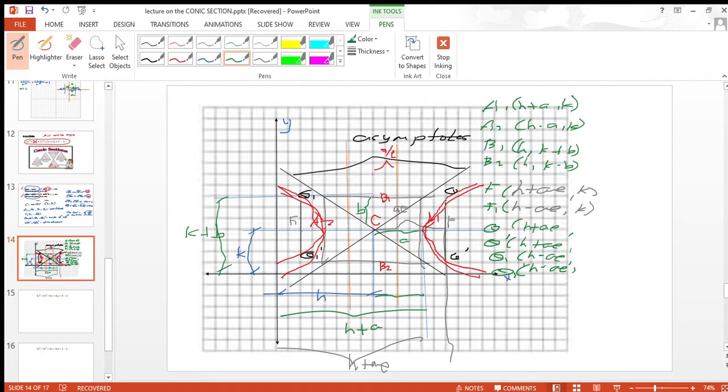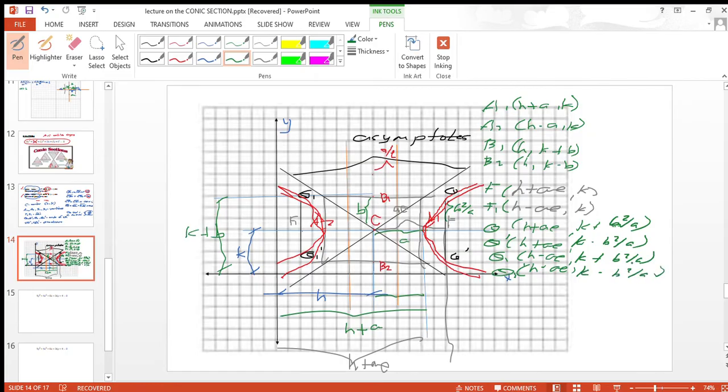The coordinate will be F. This distance from F to Q is b squared over a. So that will now be k plus b squared over a. This is below, k minus b squared over a. This is k plus b squared over a as well. And then k minus b squared over a.